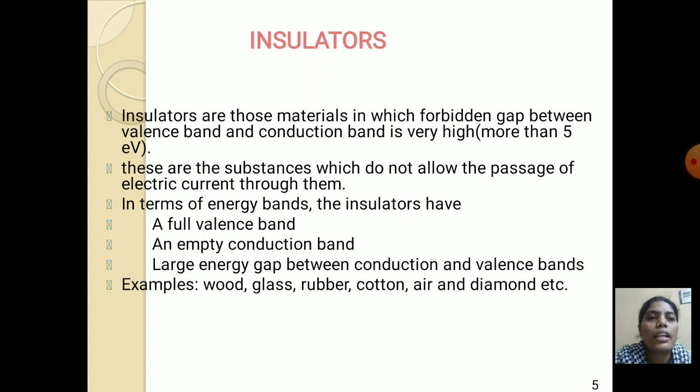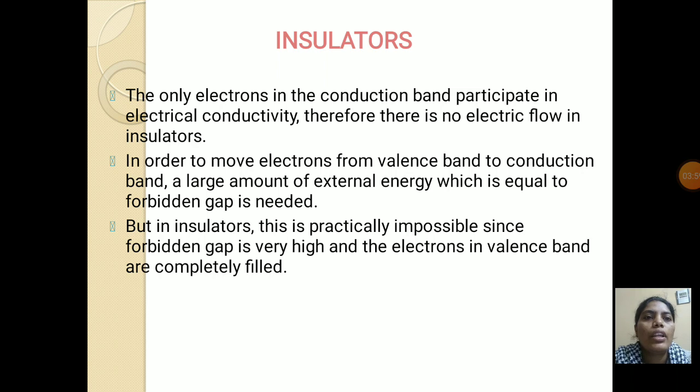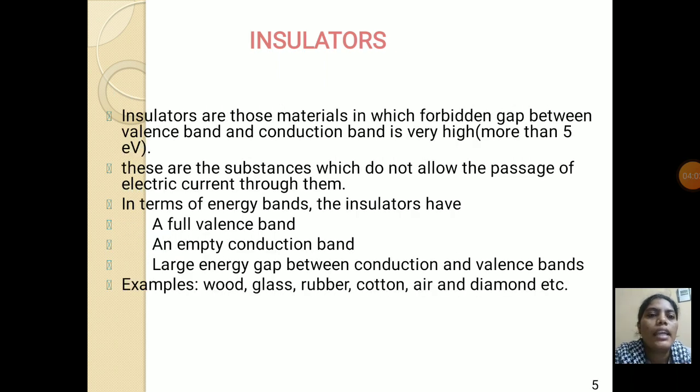First, we'll see what are insulators. Insulators are those materials in which the forbidden gap between valence band and conduction band is very high. As the gap is very high, we can see what happens with valence electrons and free electrons.